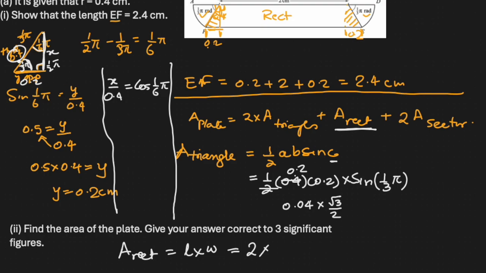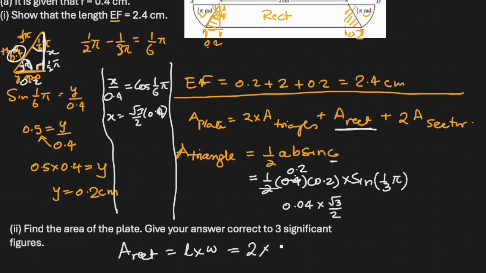Cos 1 over 6 pi is square root 3 over 2, so x is square root 3 over 2 times 0.4. This is the height of the rectangle, which is also the height of the triangle.